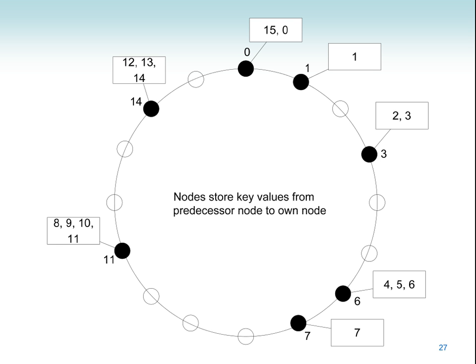So that 14 would manage key 14, node 13 here would manage keys 13 and 12. So as a new node joins the network, we need to update the keys managed by the successor node. That is, for 13, the successor node is 14, the next node around.